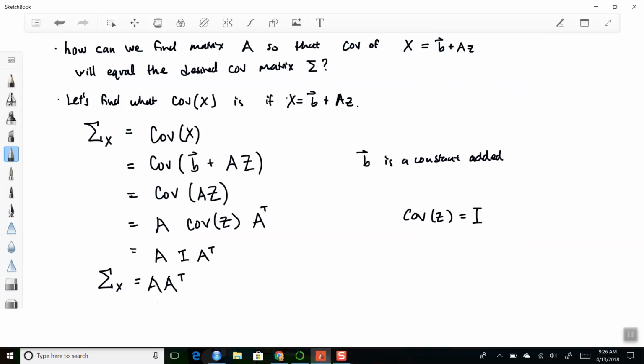Okay. All right. So what we want now is, we need to find A so that A A transpose will equal the desired sigma.